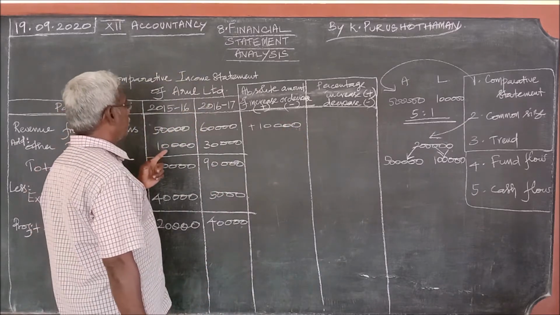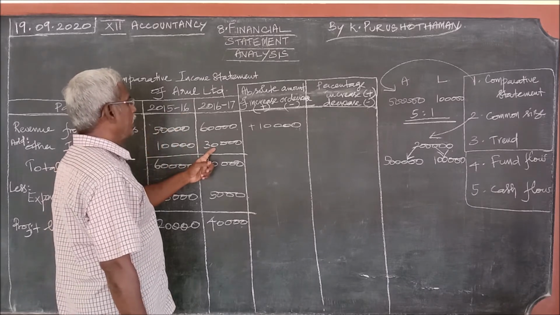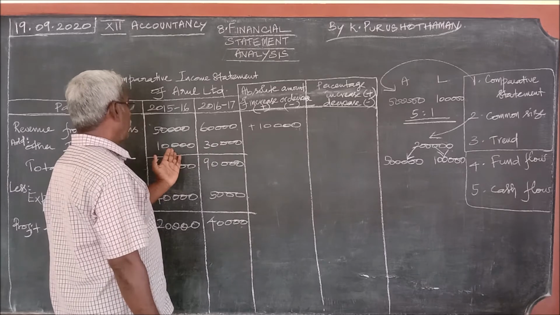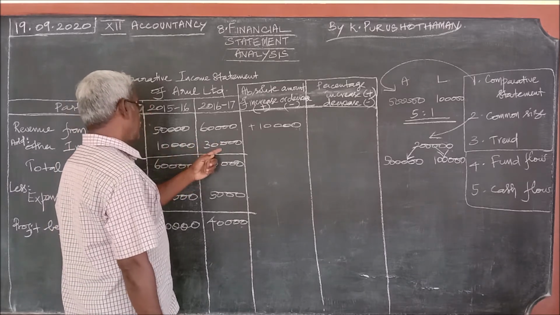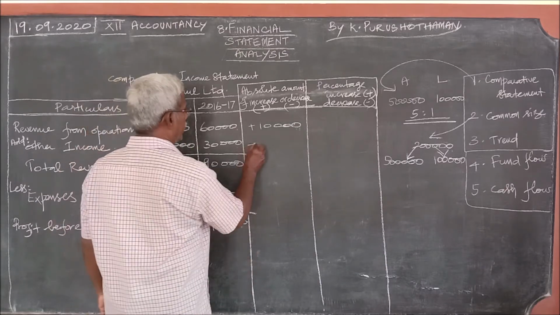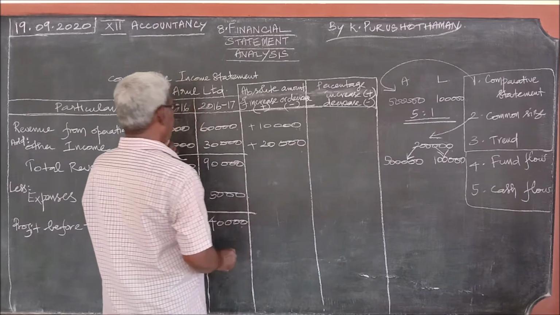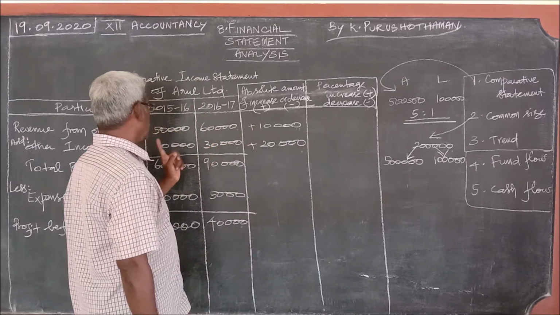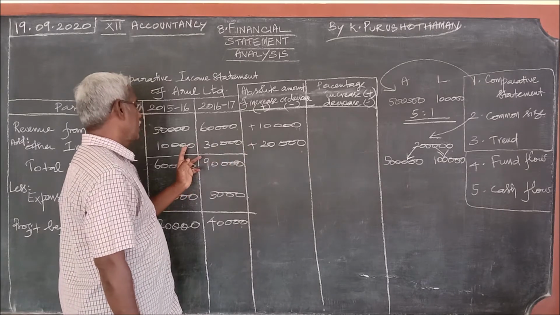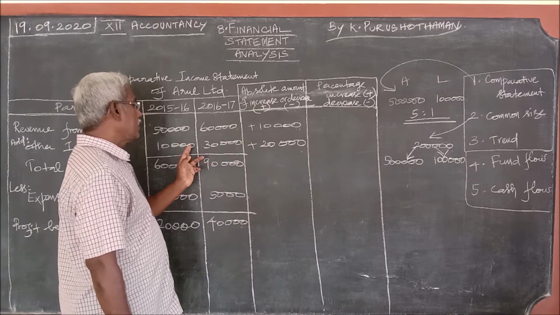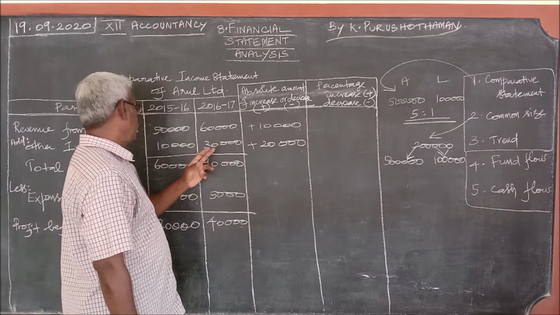Regarding other income, the previous year it was 10,000, now it is 30,000. Therefore, the other income also increased by how much? 30 minus 10, 20,000. It is increased compared to the previous year.